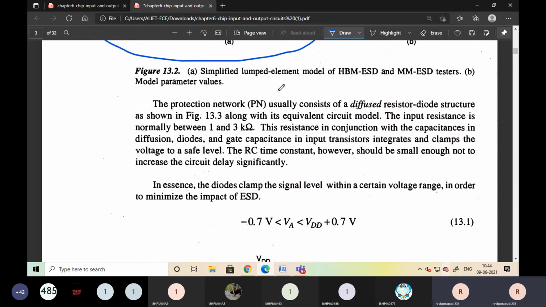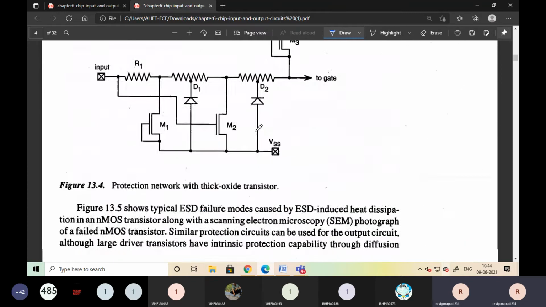Then protection network. Okay, then go for protection network.